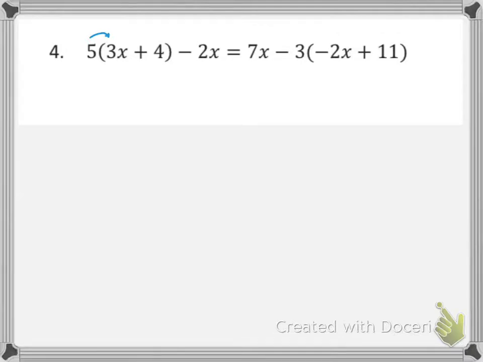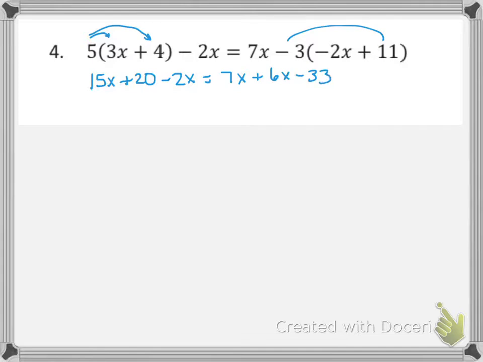We'll see. 5 times 3x is 15x. 5 times 4 is 20. Minus 2x is equal to 7x. Minus 3, a negative 3, and a negative 2 is going to be a positive 6x, so that's positive 6x. And then a negative 3 times 11 would be a negative 33.